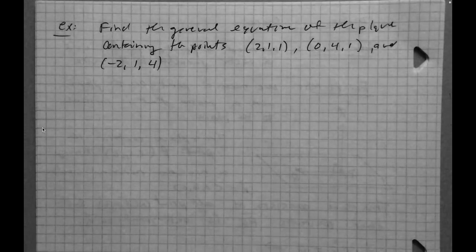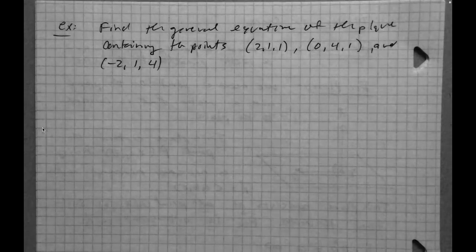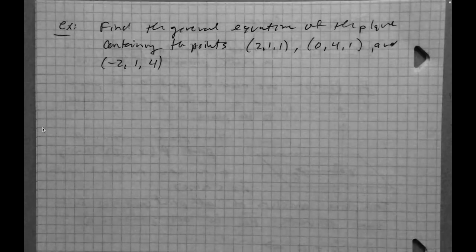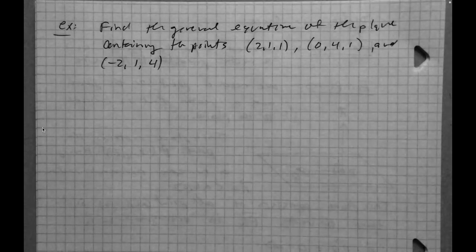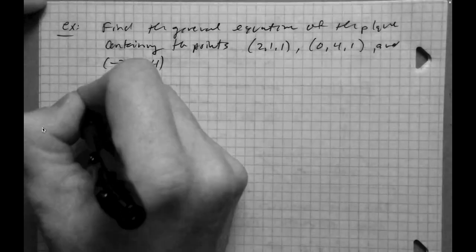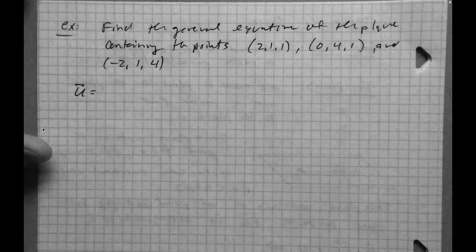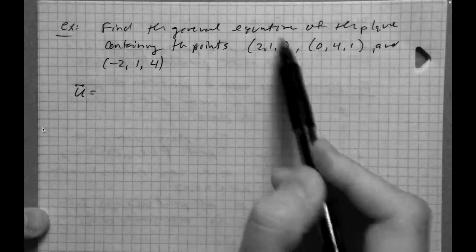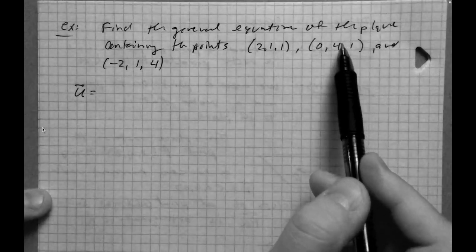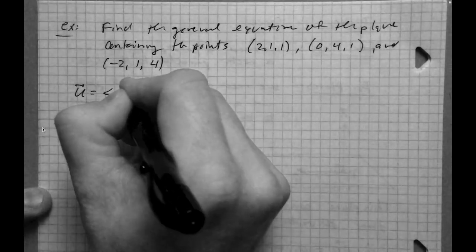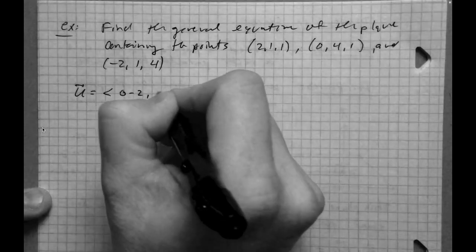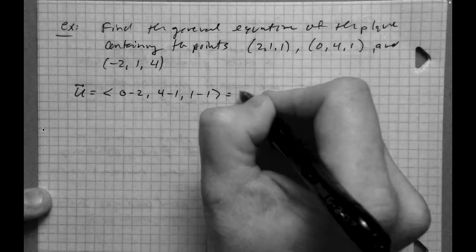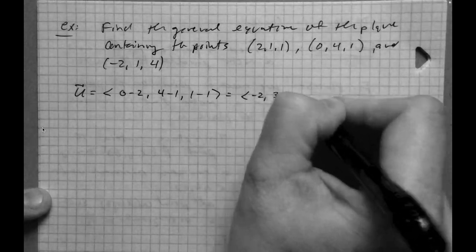Okay, so from these 3 points, we can construct 2 vectors. Let's call them u and v. The u vector we'll get from subtracting this point from this point. So u is equal to 0 minus 2, 4 minus 1, and 1 minus 1, and so we get -2, 3, 0.